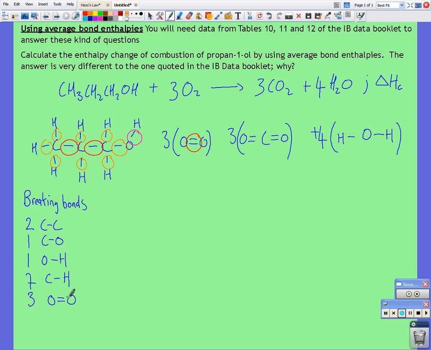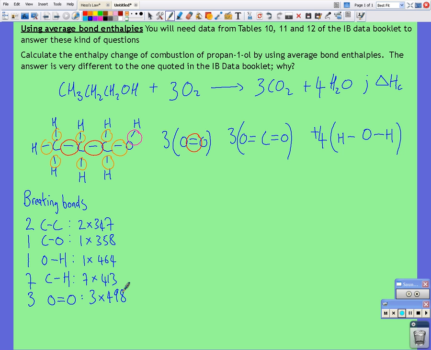If I go now and look in your data booklet in table 10, you'll find, I hope, the following values. 2 times 347, 1 times 358, 1 times 464, 7 times 413, and 3 times 498.